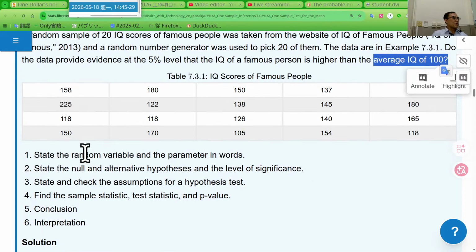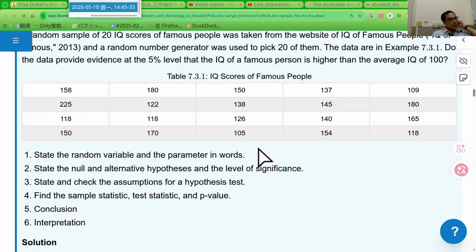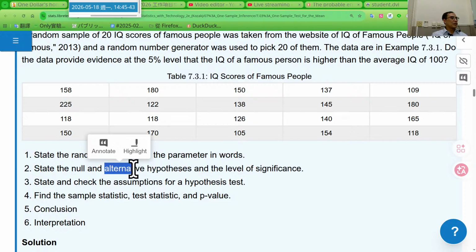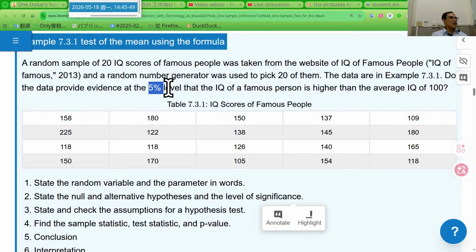Then, first one, state the random variable and the parameter in words. Second, state the null hypothesis and alternative hypothesis and the level of significance. And the level of significance here, the question already gives you the number, 5% level.